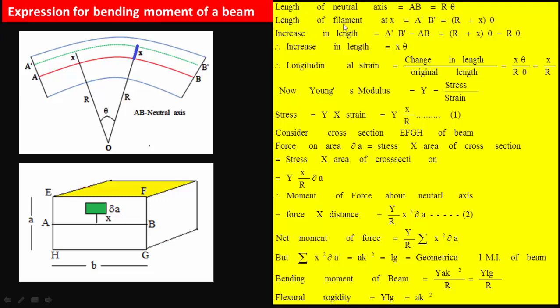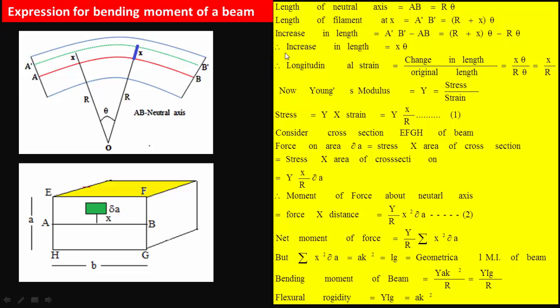Now let us find out the length of the filament at distance x from the neutral surface, that is the length of the filament A dash B dash, which is equal to (r plus x) into theta. Now we find the increase in length, that is equal to A dash B dash minus AB, that is (r plus x) theta minus r theta.